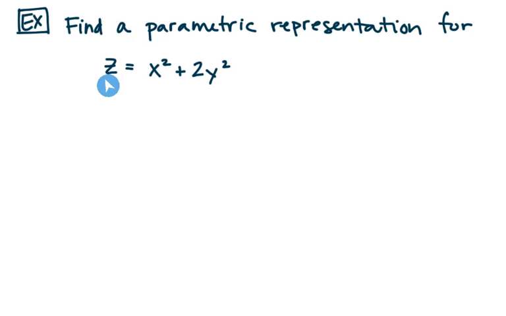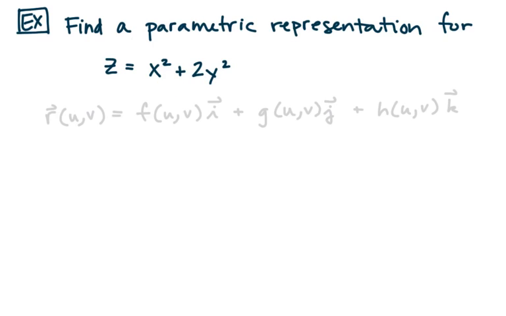One thing that's nice is that z is written explicitly in terms of x and y. Thinking about this vector as our book defined it, being a function of u and v, x is a function of u and v, y can be a function g in terms of u and v, and h can be my z component in terms of u and v.